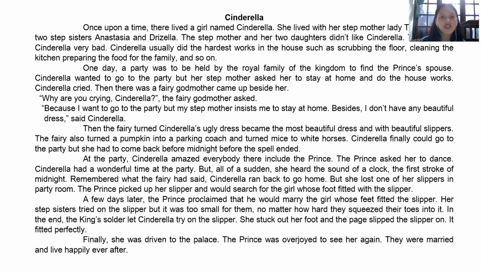So the orientation from this story is in the first paragraph, from once upon a time until how Cinderella was introduced by the writer, that she was treated very badly by her stepmother and her two stepsisters. And then for the complication, it starts from the second paragraph until the fifth paragraph actually.